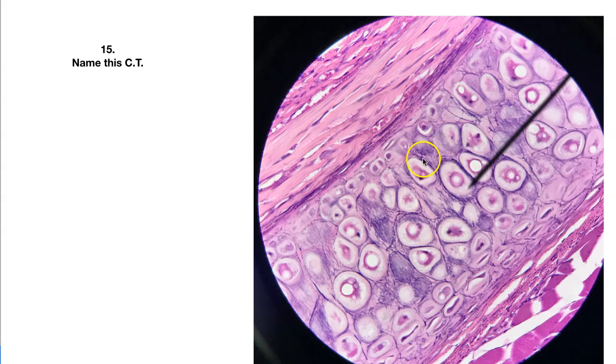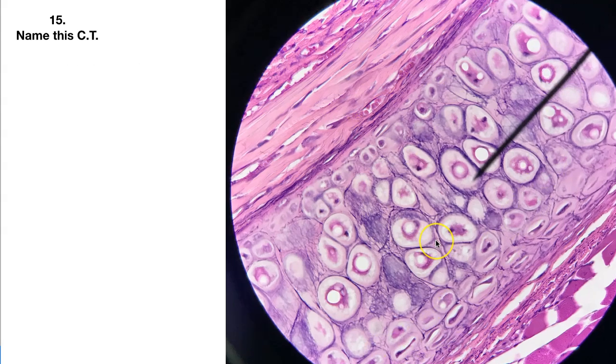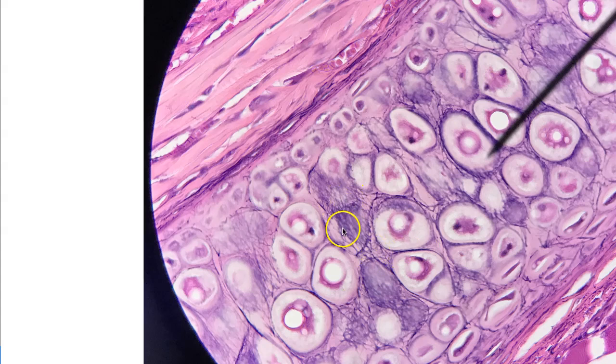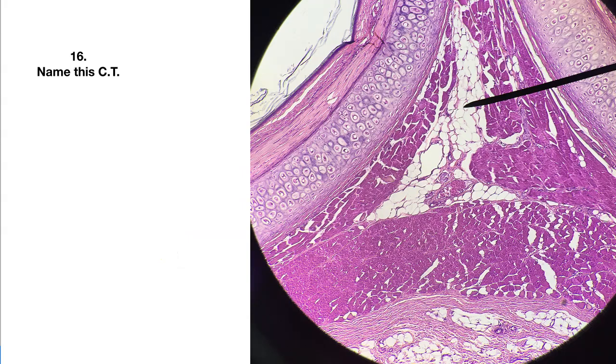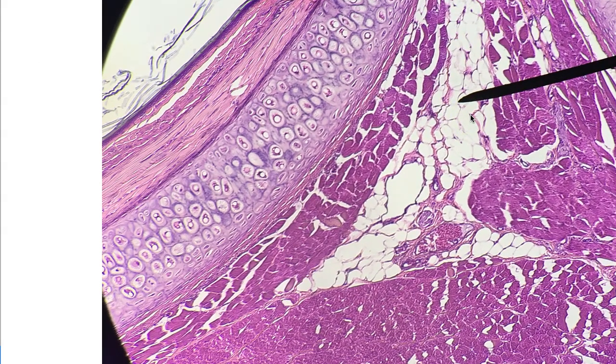What is this connective tissue? Here you can easily see these protein fibers here. What is this connective tissue? 15. I think we just have one more. Here is that same connective tissue you just saw right here. And deep to it is going to be a pocket of this connective tissue. So what is this connective tissue here?